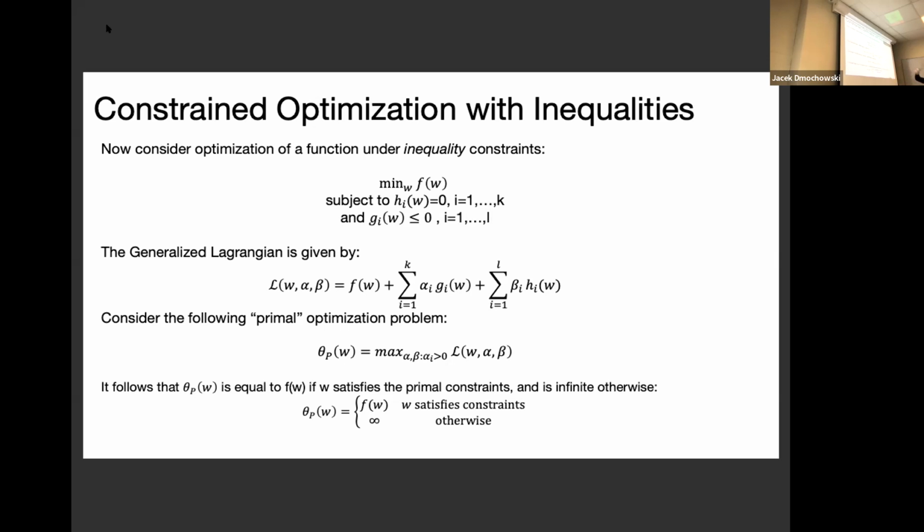So now, instead of having one set of Lagrange multipliers, which were called lambda before, because if you just have equalities the standard is to use lambda, if you have both inequality constraints and equality constraints, the convention is to use alpha and beta.